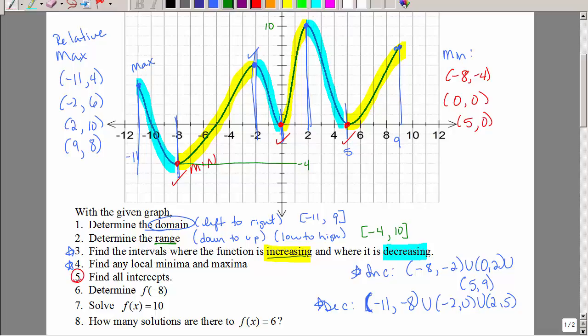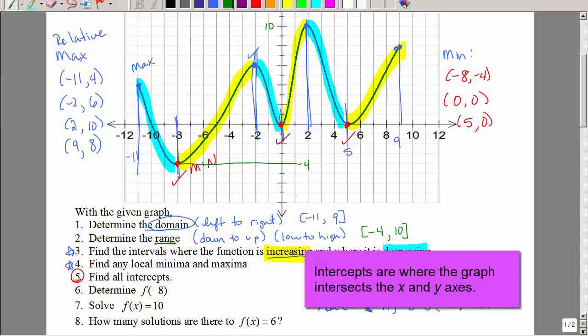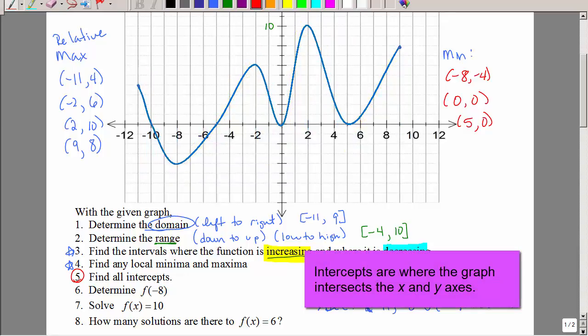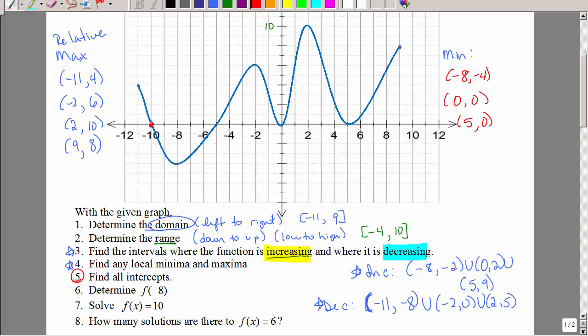Step 5, finding the intercepts. What do the intercepts mean? It's where the graph crosses the x-axis and the y-axis. Well, we have quite a few. I wanted to clean my graph up so we could see these. Where are all the intercepts? Well, it crosses the x-axis here, here, here, here, but it also crosses the y-axis there.